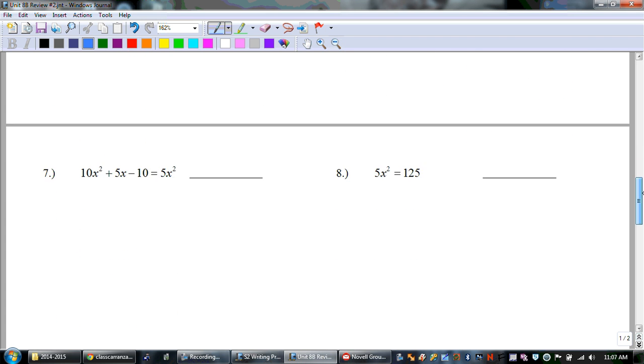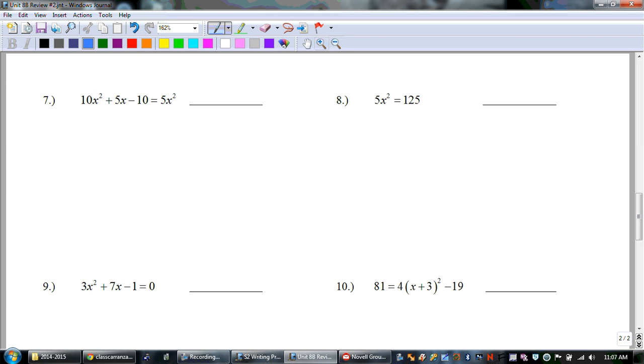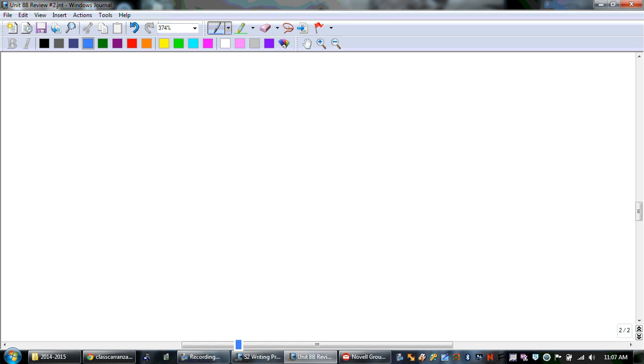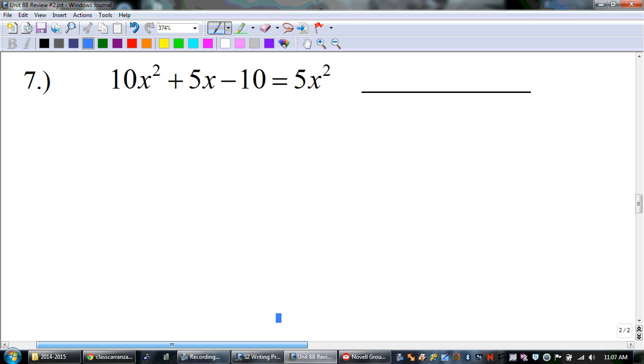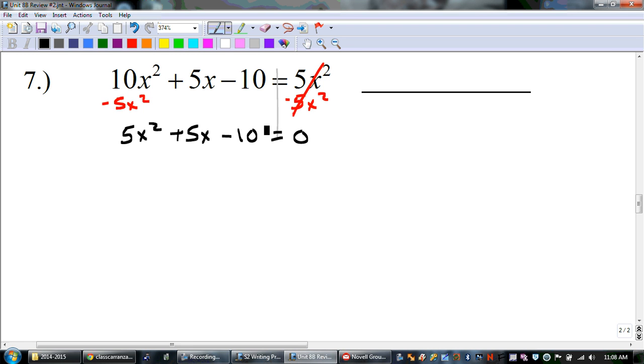Okay. On the back side, let's look at number 7. The first thing I notice about number 7 is that everything's not on the same side. So I need to move my 5x squared to the other side so it is set equal to 0. 5x squared plus 5x minus 10.